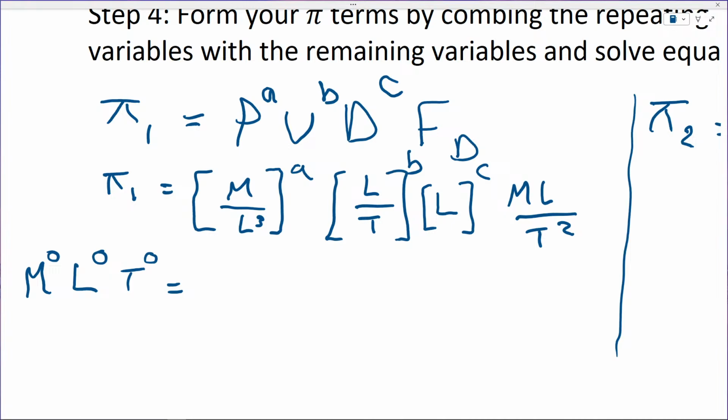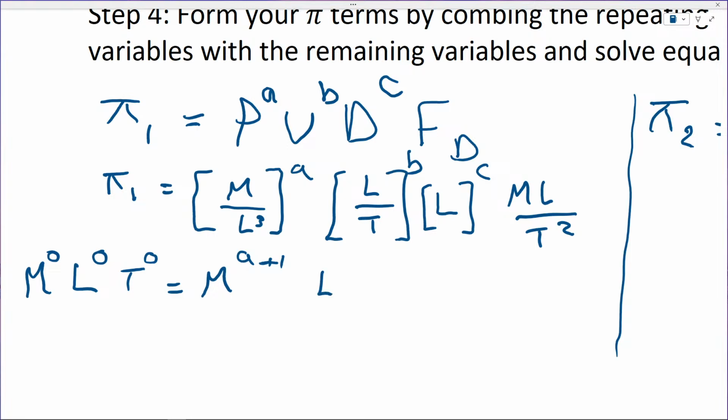Here I can group all my m terms: I have a and I have 1.